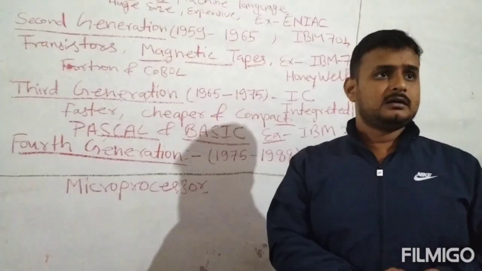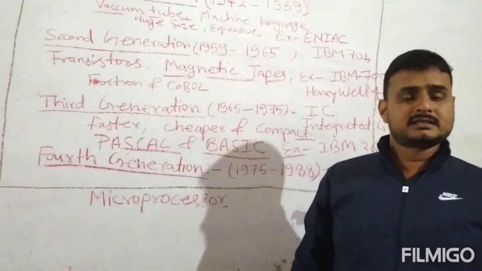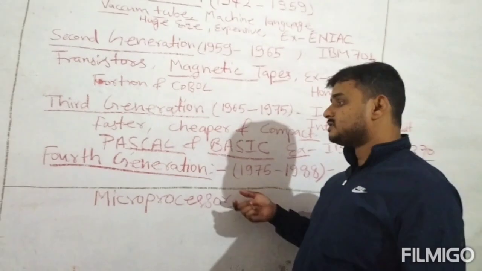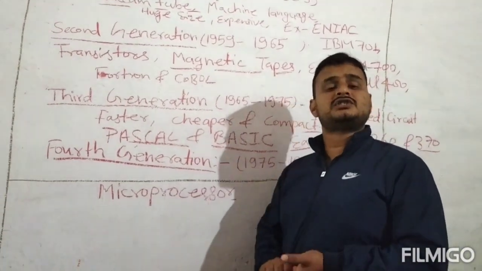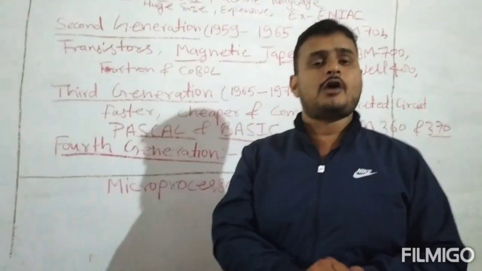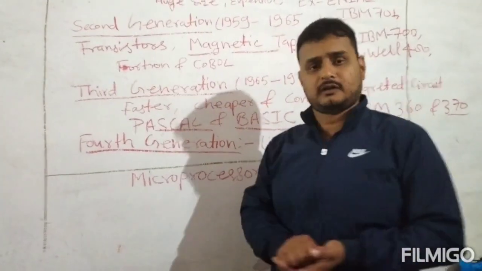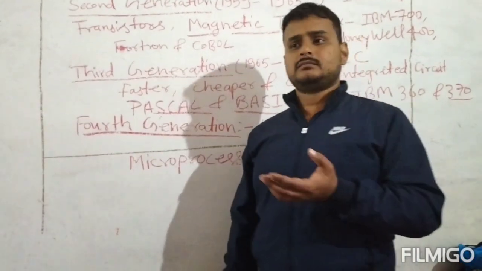The fourth generation computers used time sharing, real time, and networks. The most basic feature is the GUI operating system. Graphical user interface operating systems were introduced in the fourth generation computers.